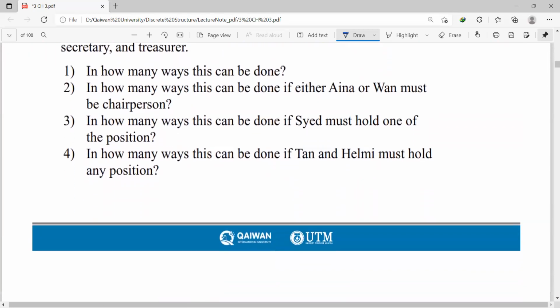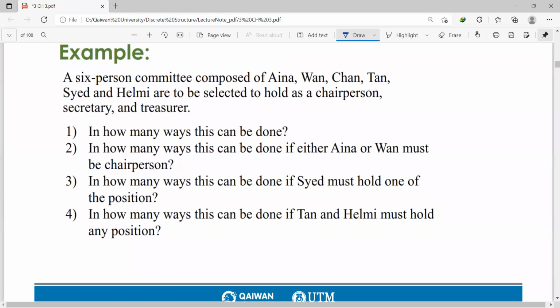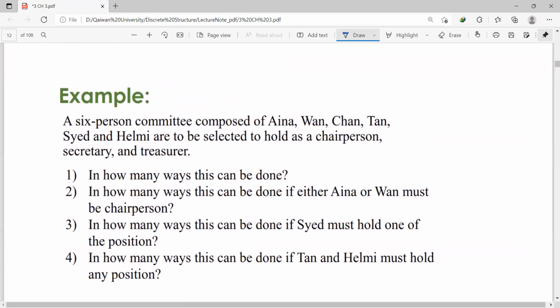We have another example in this part of the chapter. It says, a 6-person committee composed of Aina, Wan, Chan, Tan, Sid, and Hilmi are to be selected to hold as chairperson, secretary, and treasurer.